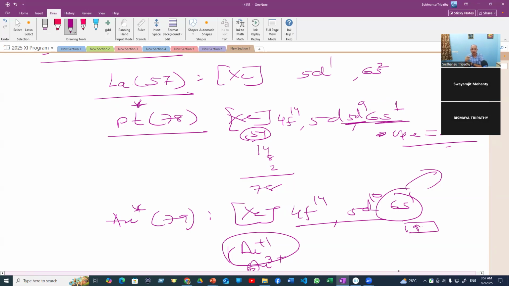Same is the case with palladium 2 plus. But palladium doesn't show plus 1 because there is no electron in the 5s. All 4d10. So you have to knock out electrons from 4d. So palladium also shows the plus 2 state, usually.